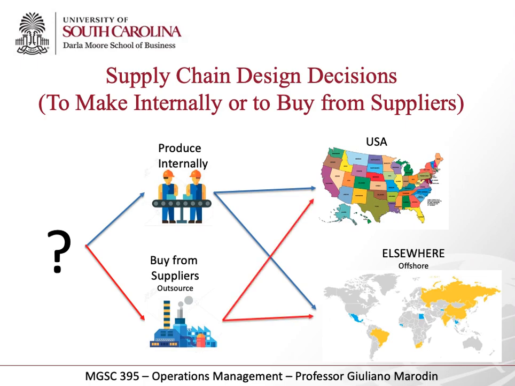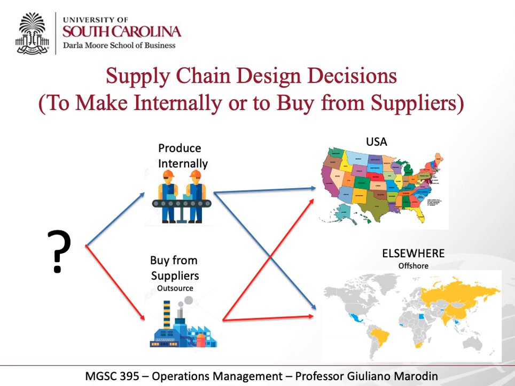If they're going to buy from suppliers, they can decide to buy from suppliers that have plants here in the United States. Michelin has a plant here in Columbia, Continental has a plant in Sumter. Or they can say, no, let's buy tires from these other countries where Michelin or Continental have plants, right?